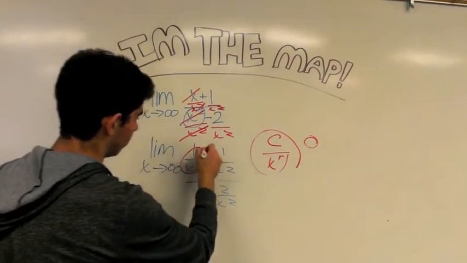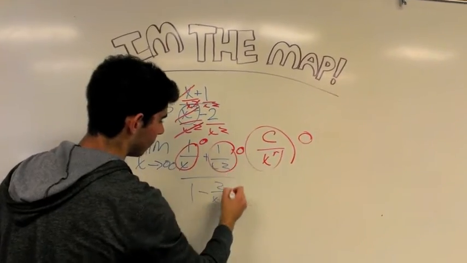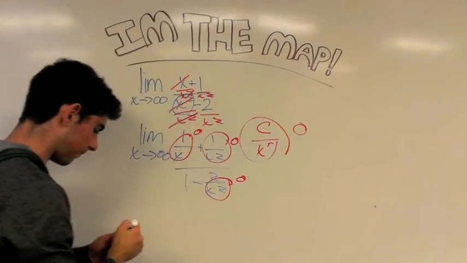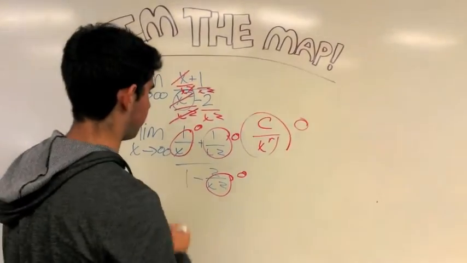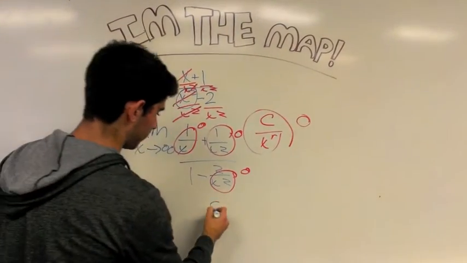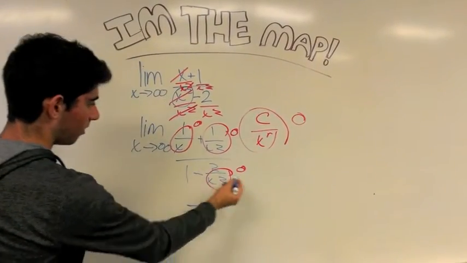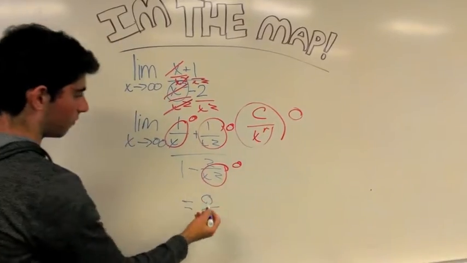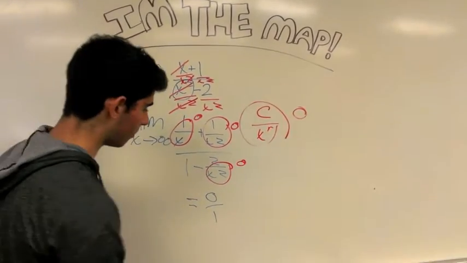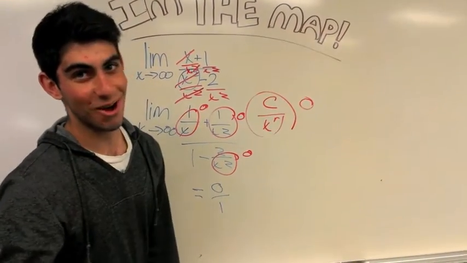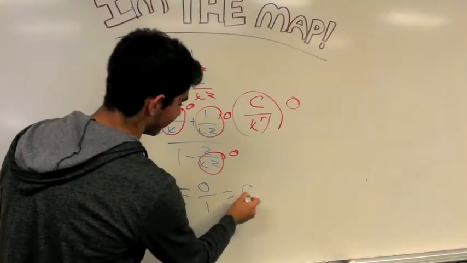So this becomes 0, and this becomes 0, and this also becomes 0. You're left with 0 plus 0, that's 0. You have 1 minus 0, that's 1. So you have 0 minus 1, 0 over 1, which equals 0.